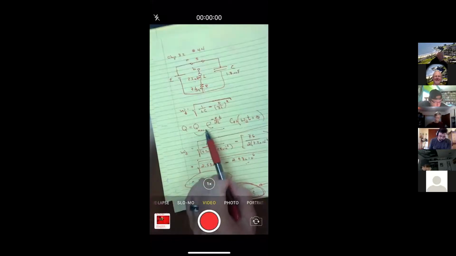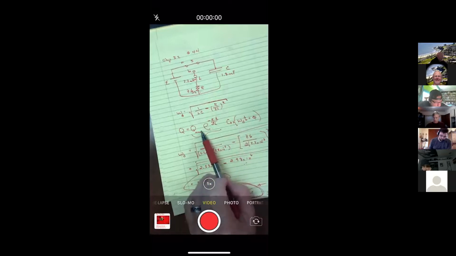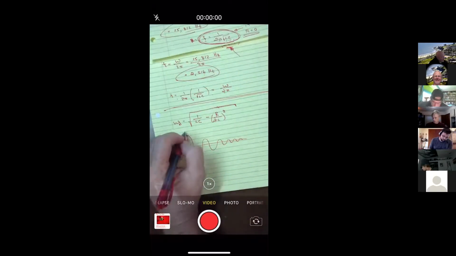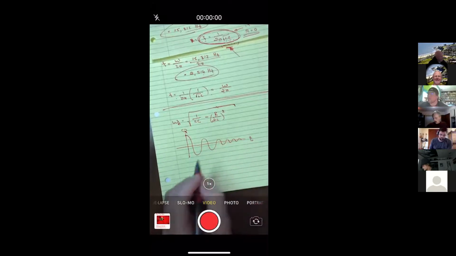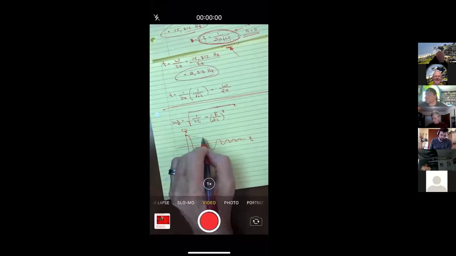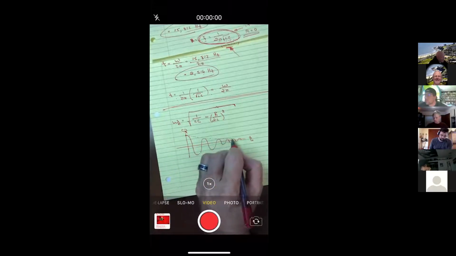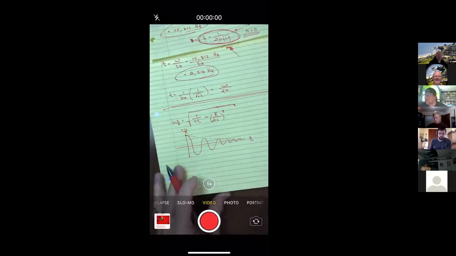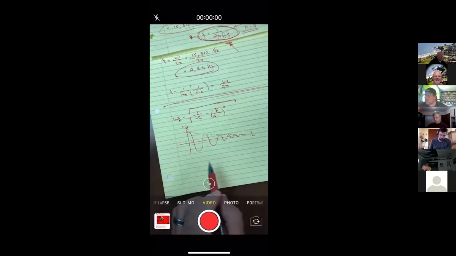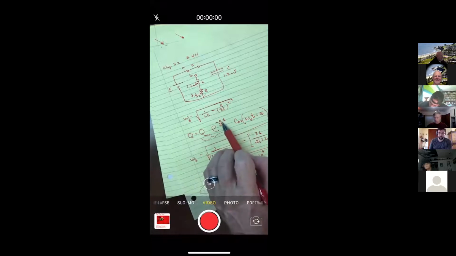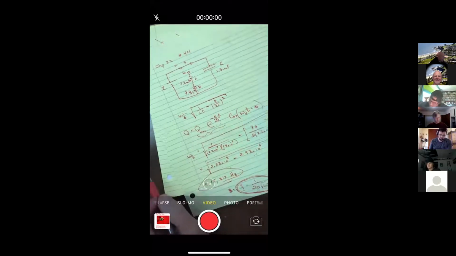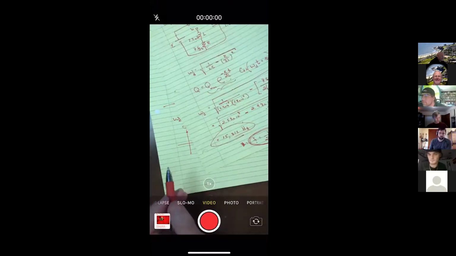So this mathematics here would be represented with a plot. So here's maybe charge on the capacitor and time. And so it oscillates, but with each oscillation, the amount of charge, that is the amplitude, goes down and down with this decaying exponential effect, which has to do with the resistance.